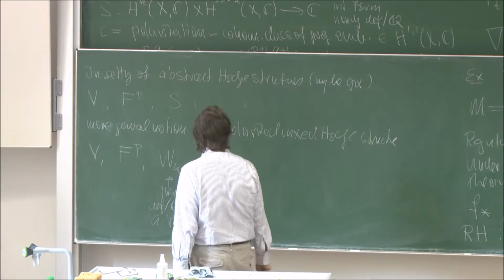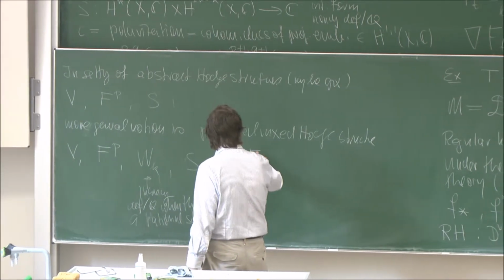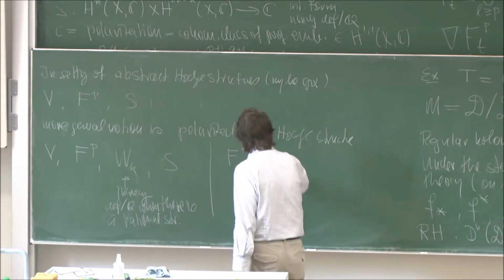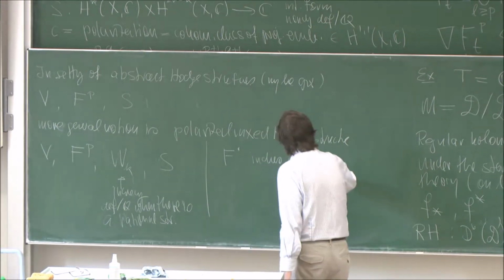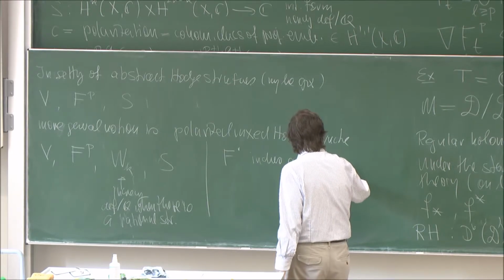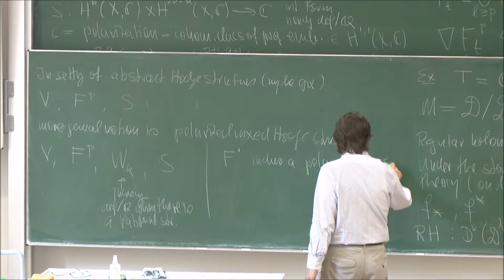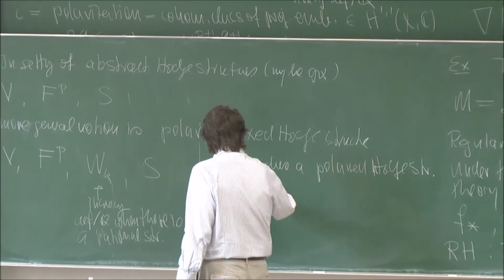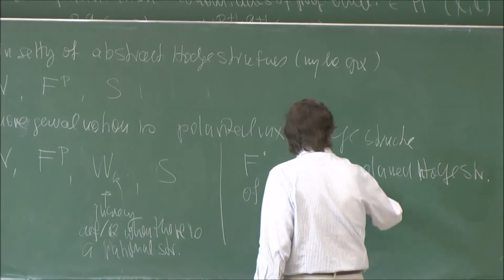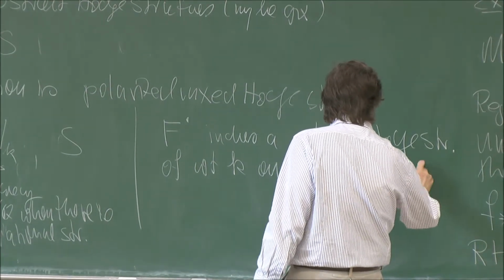And then the condition is that the F induces a polarized Hodge structure of weight k on W_k mod W_{k-1} for each k.